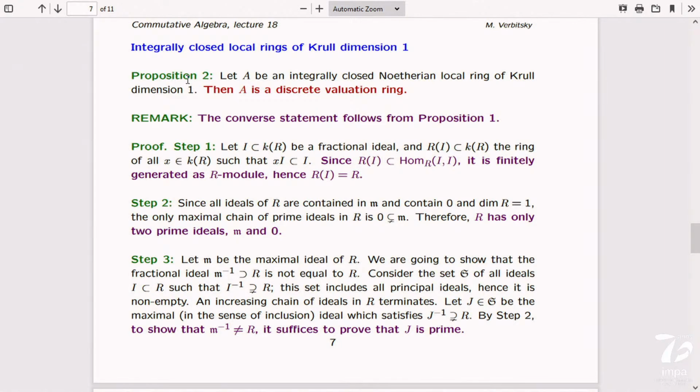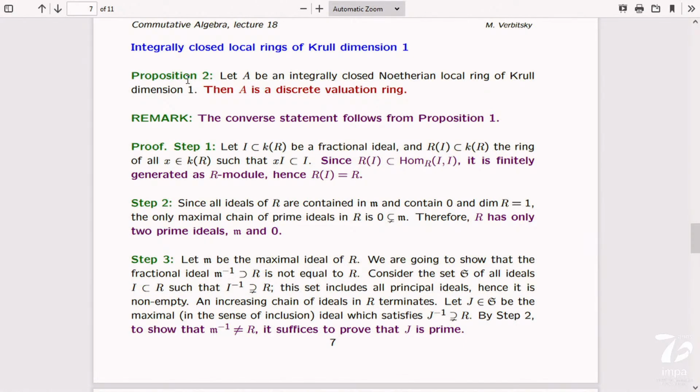Okay, and the theorem says that if you have a ring which is local, integrally closed, Noetherian, and has Krull dimension 1, then it is a discrete valuation ring.